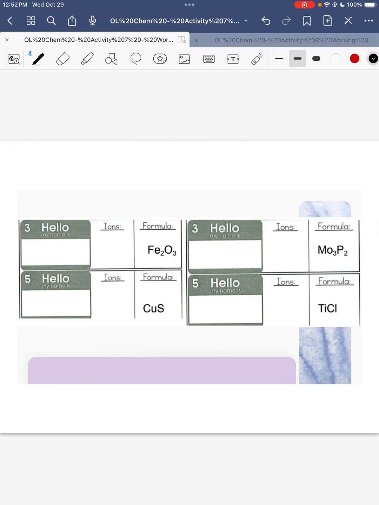Here we have 4 formulas, and we're going from formula to name. So the first thing that I have is Fe2O3. Doing the crossover method in reverse means taking my amounts and imagining what they were as charges before. So my ions here are, of course, iron and oxygen. My oxygen ion has a -2 charge, and that's why there's a 2 there.